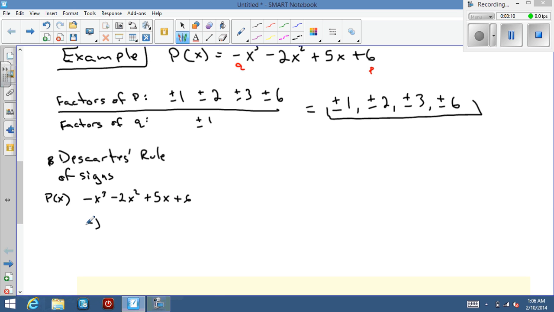So that's a negative, negative, positive, and positive. So we have one sign change. So that means we have one positive zero.